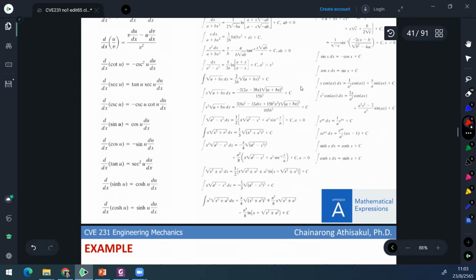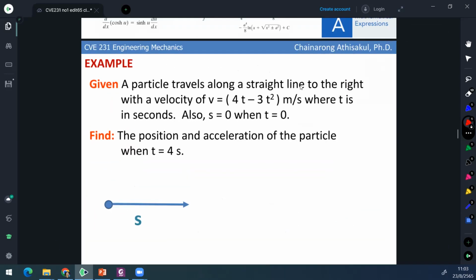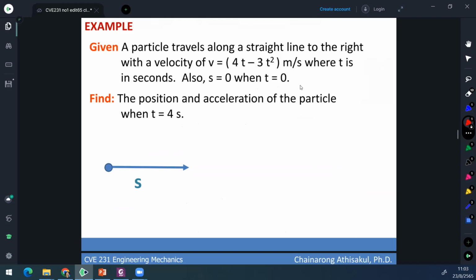For the first example, we will start with a basic one: a particle travels along a straight line to the right with the velocity of v equal to 4t minus 3t squared. You see that the velocity function is a quadratic function.